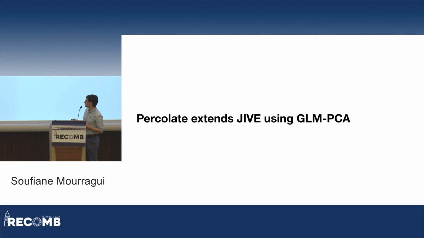Sorry, and which is quite nice because the exponential here can be used in a negative log likelihood with very efficient optimization. And so once we have defined for a single data set, so single data modalities, the exponential family we want to use, we define the saturated parameters as basically the matrix of the same size as X. So X is the n samples by P genes, or P features in general, P CpG island, whatever.